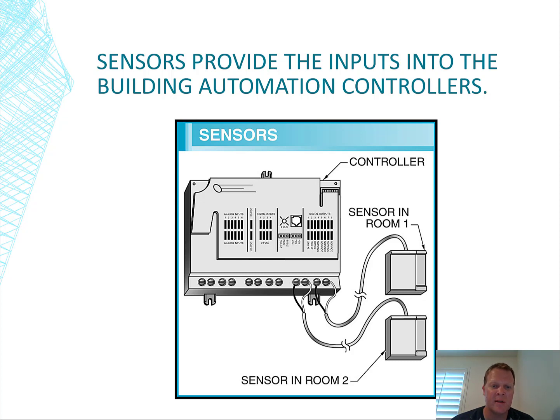It's telling the controller what's going on in whatever the space or the system is. The controller needs to know what's going on, and typically sensors are the things doing that for the controller. So inputs are the things on the control side that are telling the controller what's going on.